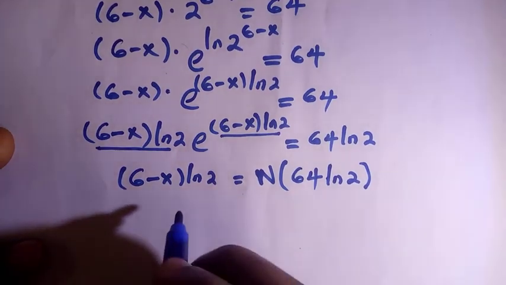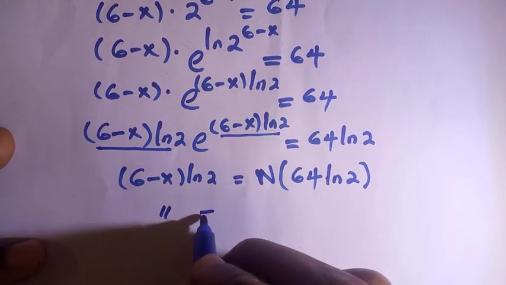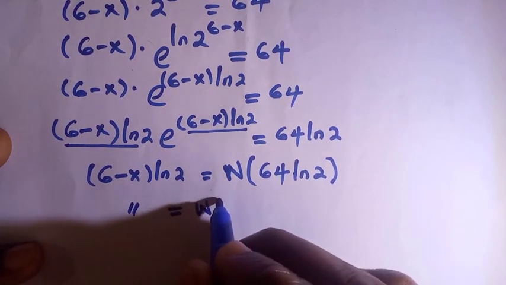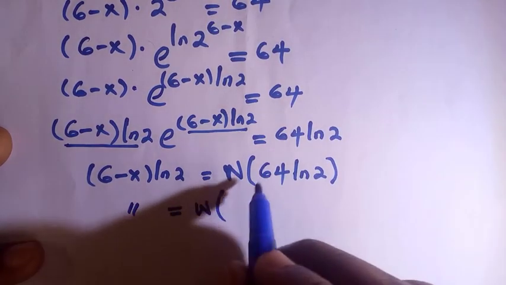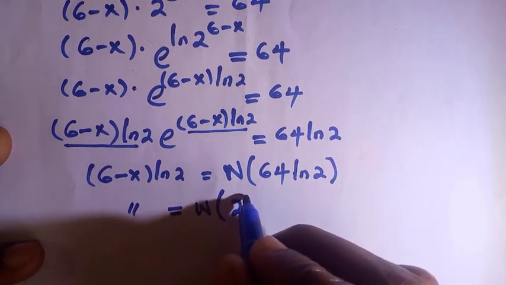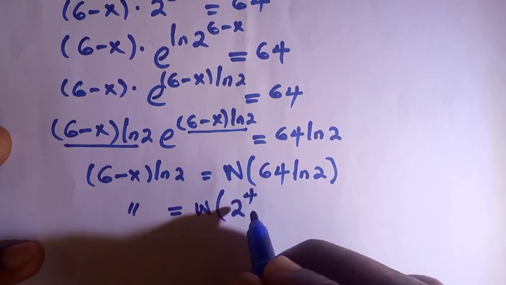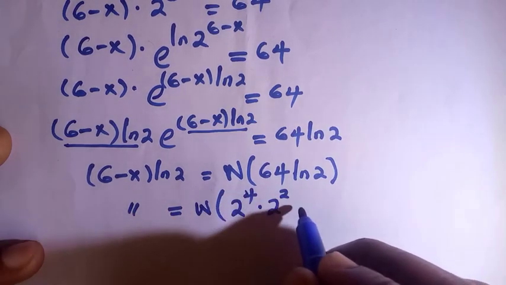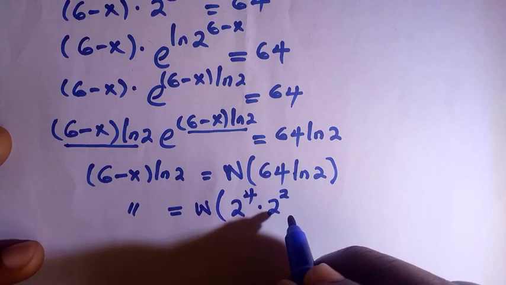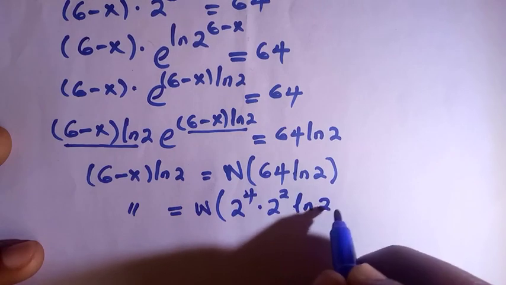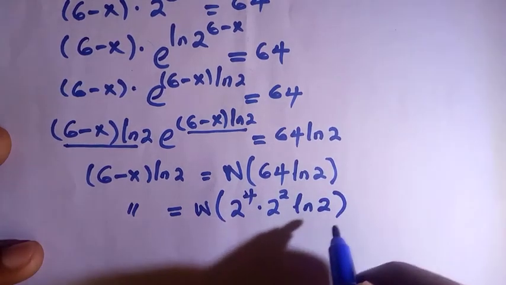And I'm getting this, so let's say this remains the same, and if I do some manipulation here, we have W of, this 64, if I break it down into 2 to the power of 4 dot 2 to the power of 2, then we multiply it with ln 2. Because these two still remain 64, which is 2 to the power of 6, I will bracket this.